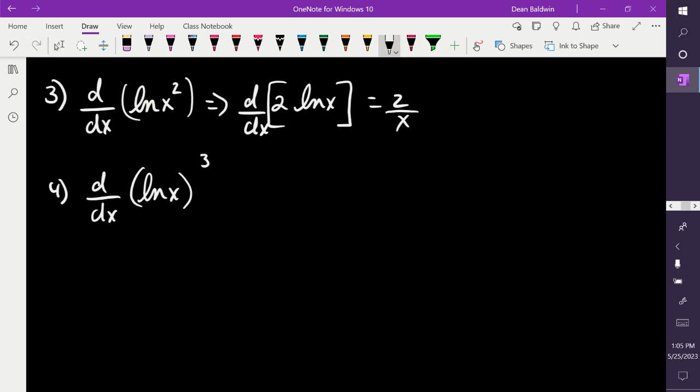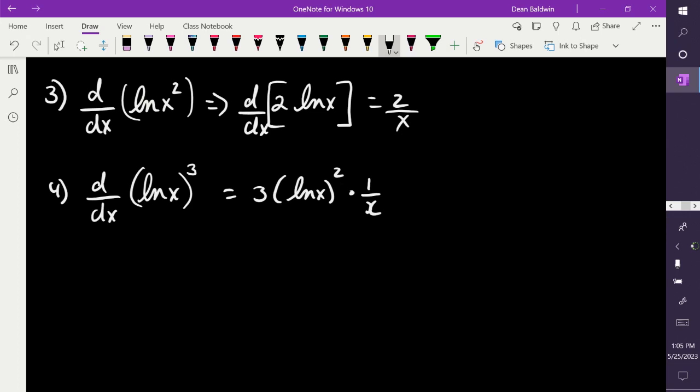All right. So what rule do we have to use? Chain rule. So the 3, you start on the outside. The 3 falls down times the inside, take away 1, so it's all squared, multiplied by the derivative of the inside, which is 1 over x.